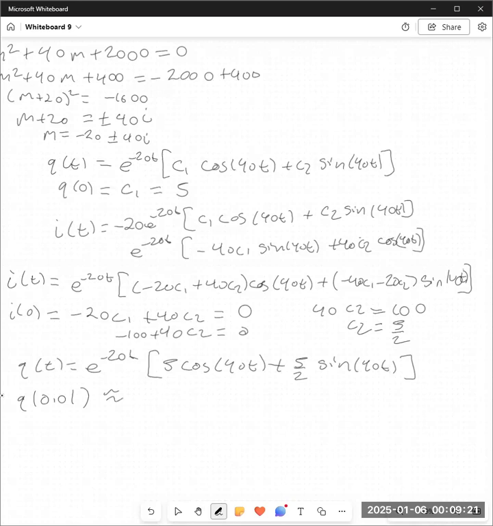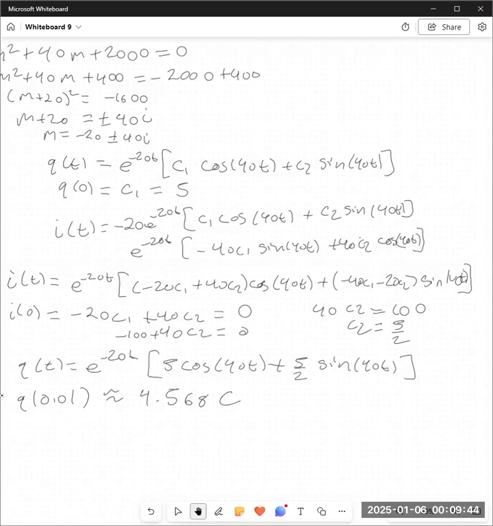Using my calculator, I found that to be approximately 4.568 coulombs.